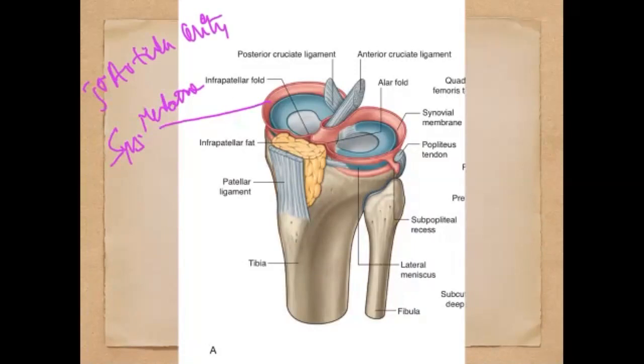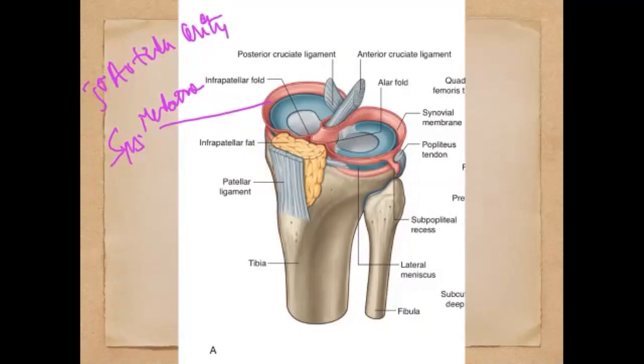You see the synovial membrane, this is menisci, okay, superior aspect and inferior aspect. This lines menisci along with articular surfaces, okay, the tibial articular surface, femoral articular surface, but it also lines the menisci.